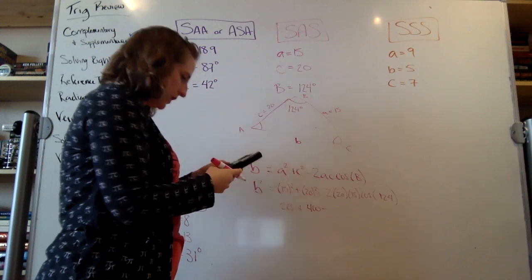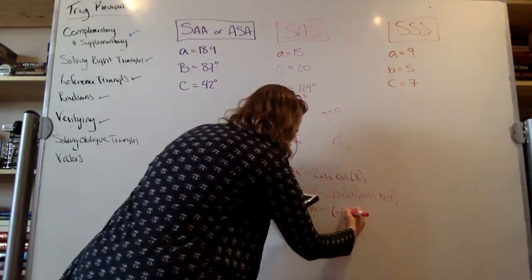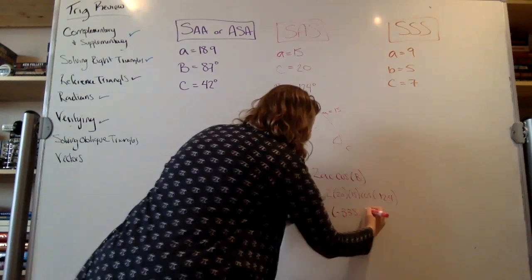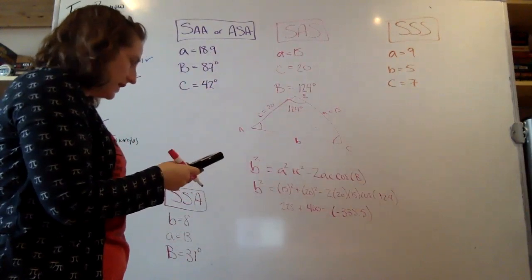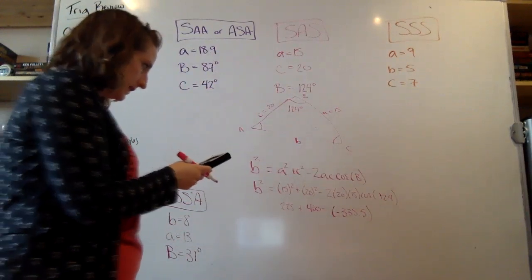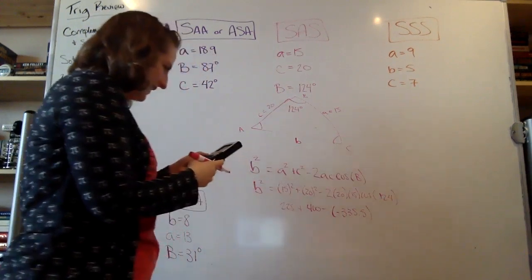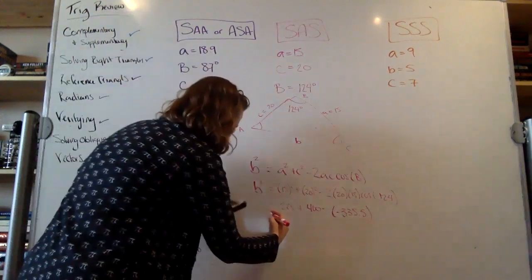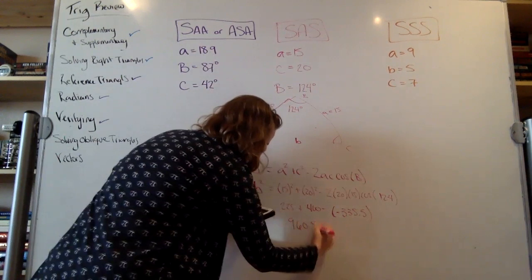Cosine of 124, I am in degrees. So that gives me negative 335.5 with a little bit of rounding. So 225 plus 400 plus 335.5 gives me 960.5. So B squared is equal to 960.5.